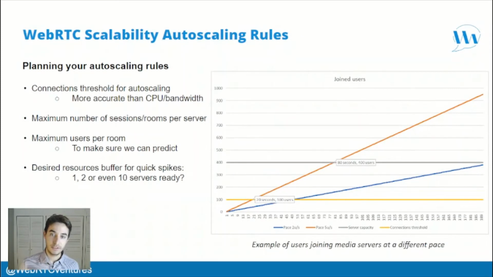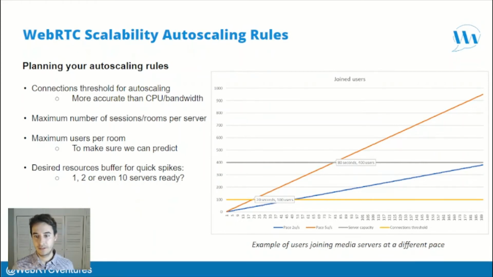Another important piece when scaling is, if we want to be efficient, when we want to use auto-scaling rules, as I was mentioning. These rules would look like the ones I'm explaining here at the left. So we would use a connection threshold for auto-scaling.